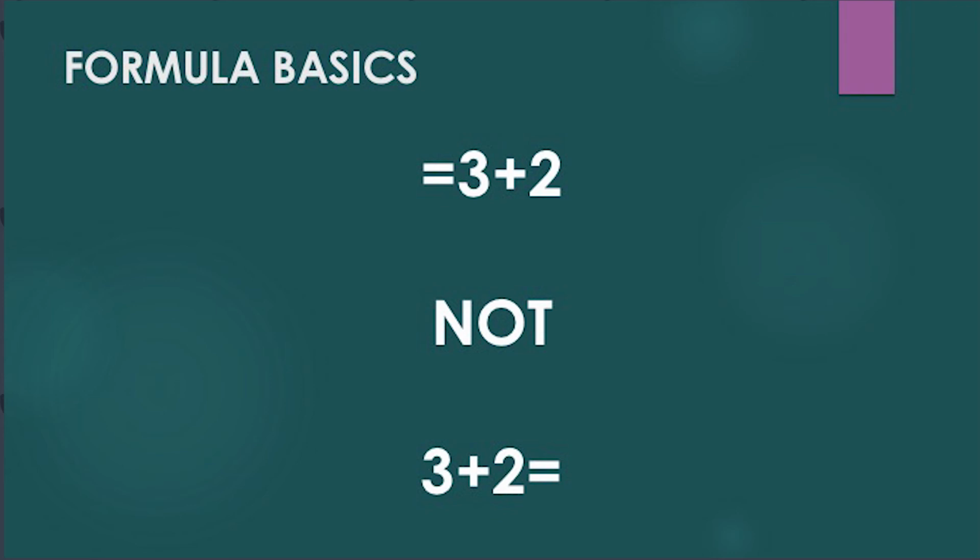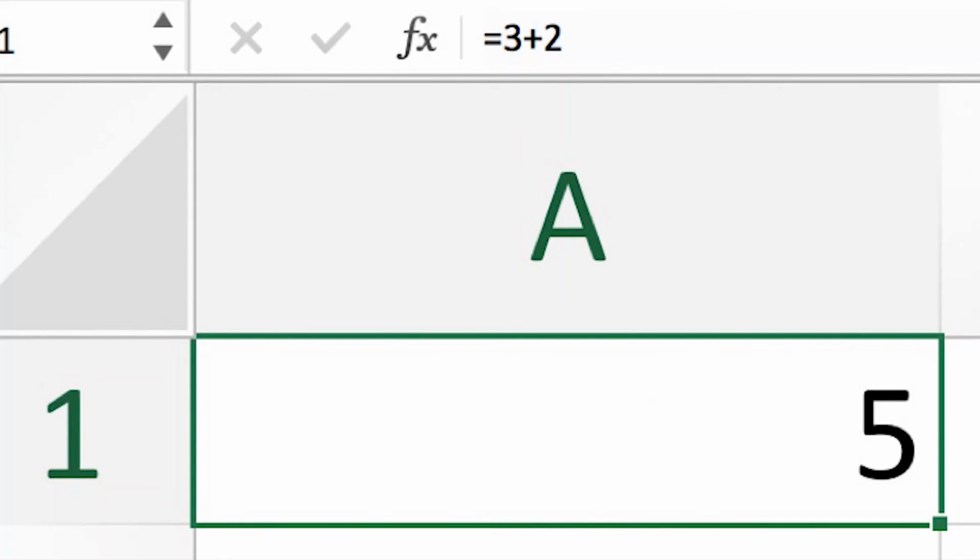What then happens in your spreadsheet is that the formula itself is shown up in the formula bar and the answer is actually shown in your spreadsheet. So what you should usually see in a spreadsheet is the answer to whatever formula you've created and not the actual formula itself. You'll see this as we go through and look at our different options today.